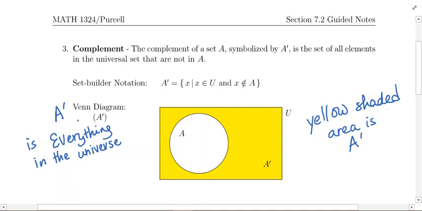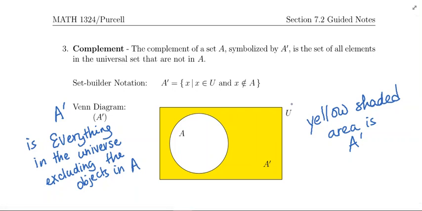So A complement is everything in the universe excluding the objects in A, everything in the universe except for that set A. This is what your Venn diagram would look like. The yellow part is A complement because it's everything under consideration with the exception of the set A. You're looking at everything else.